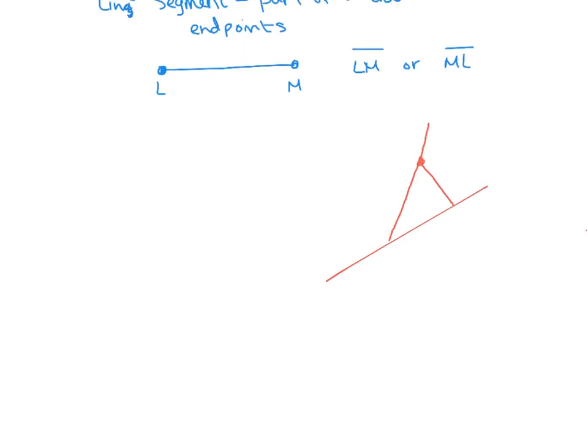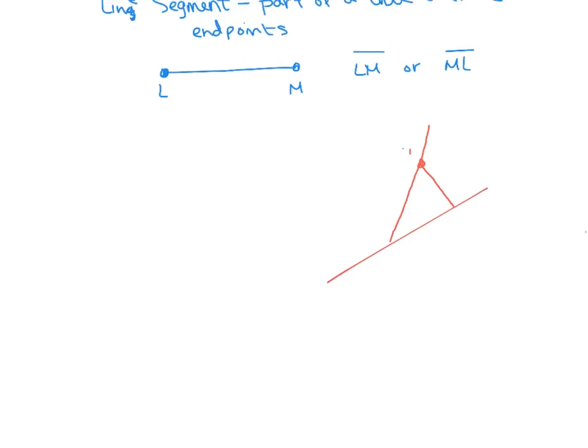We have T, S, R, Q, and then we have, there we go. So the first thing is 3 rays. Remember, rays have a definitive starting point and then they go on forever.